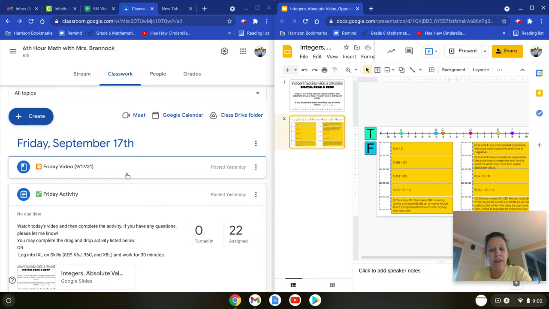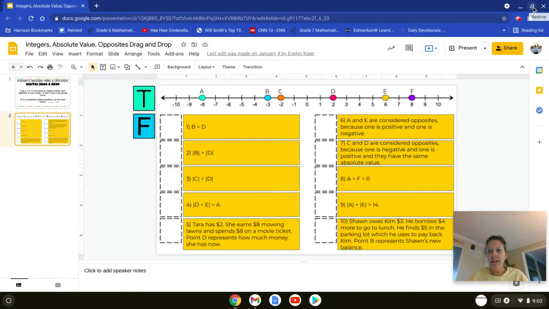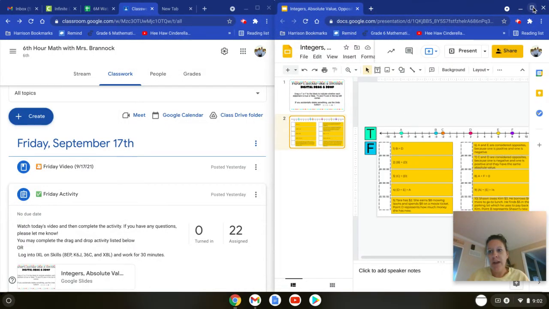So you would have the Friday video up and then your assignment over here. Your screen does have to be on minimize, on this button, and then now it's half the size.